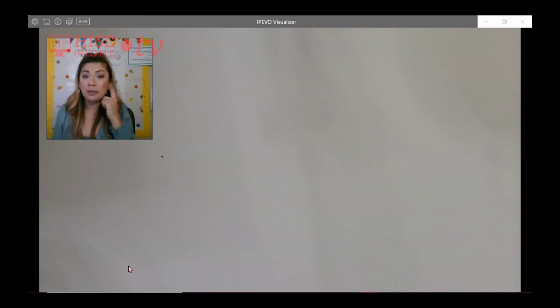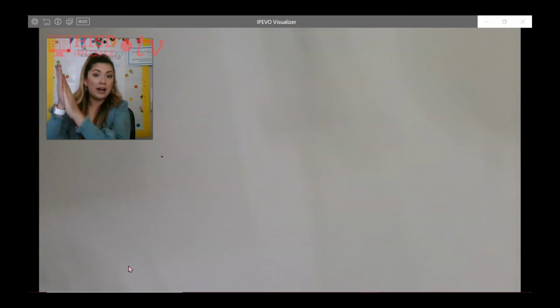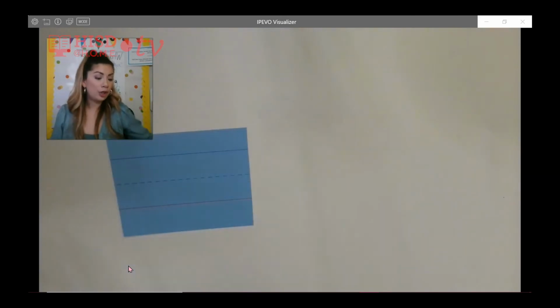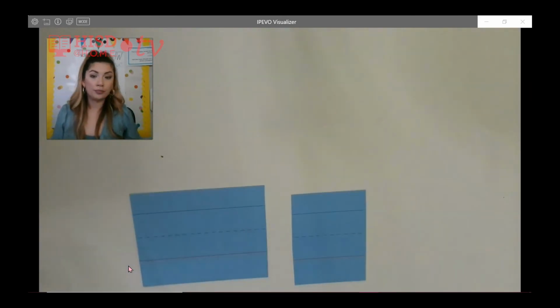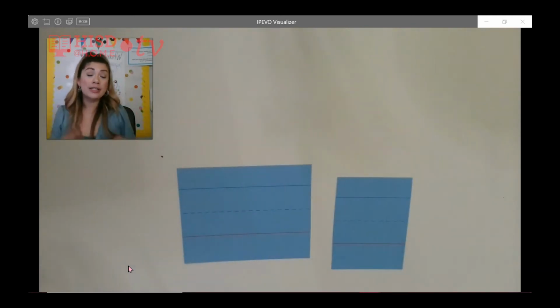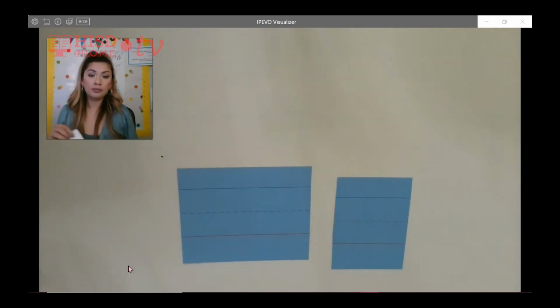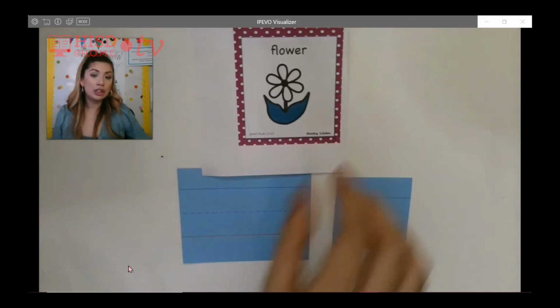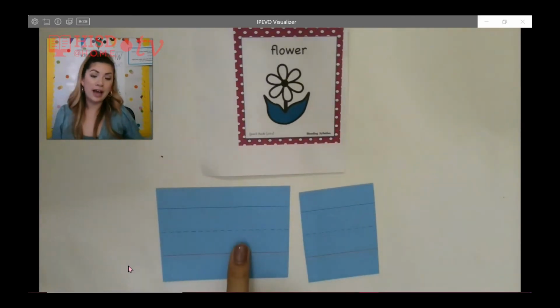How many times did you hear me clap? How many chunks, how many syllables are there in the word flower? Flower has 2 syllables.